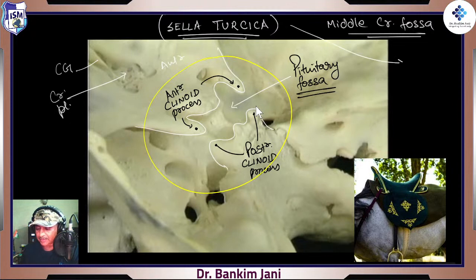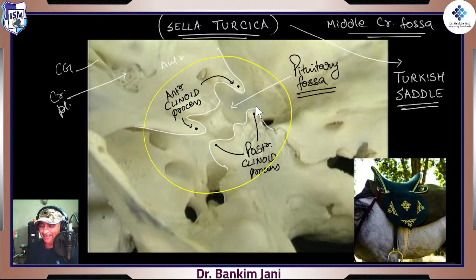Actually, it means Turkish saddle. Imagine their imaginations. By looking at these bones, they were thinking of that equestrian horse, that it is like a Turkish saddle. Actually, it is quite true.